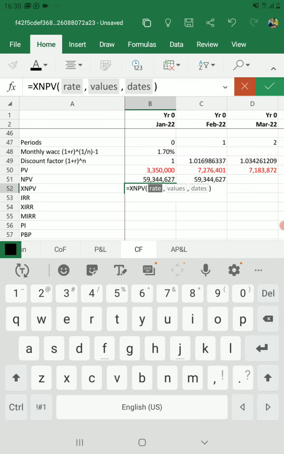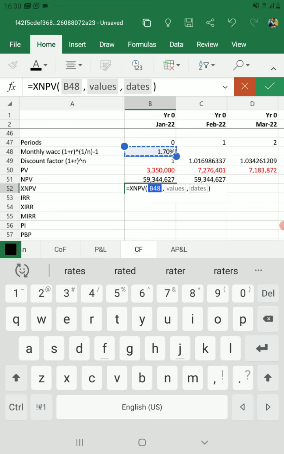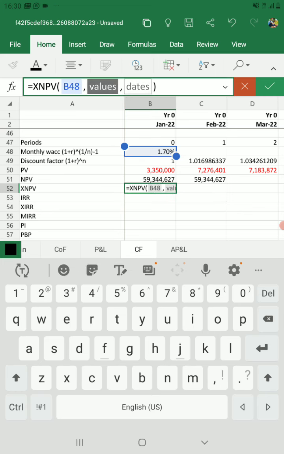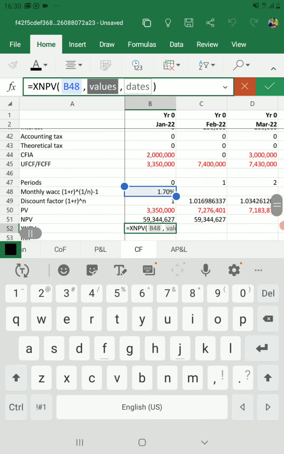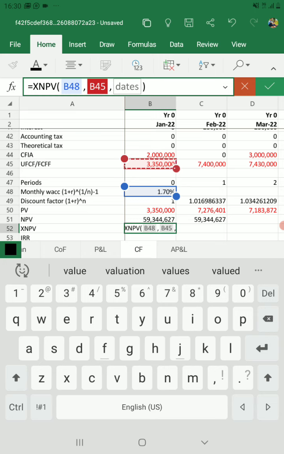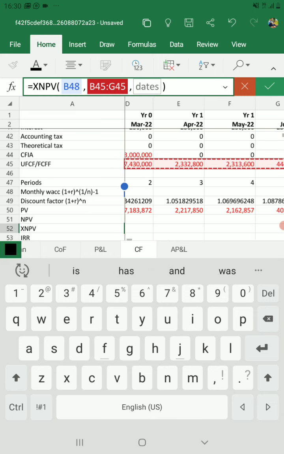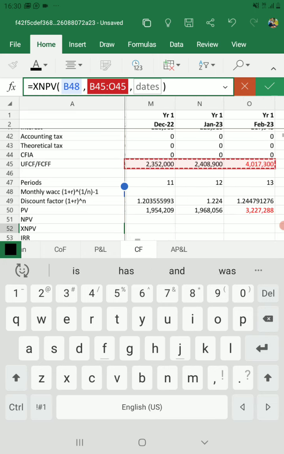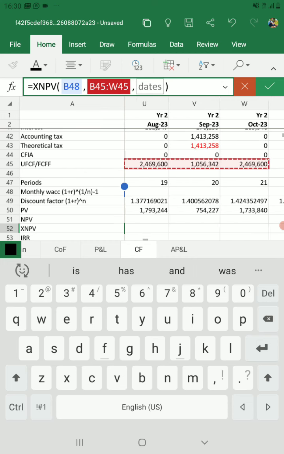So I'm supposed to pick the rate, and our rate is this monthly rate. I pick this and then click on values in the formula, and then select the values, that is unlevered free cash flow from period 0 here up to the end of our projection period, including the terminal value, of course.